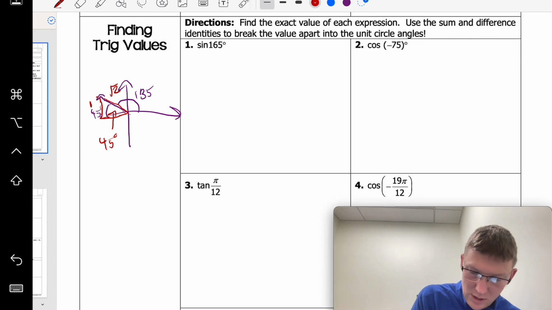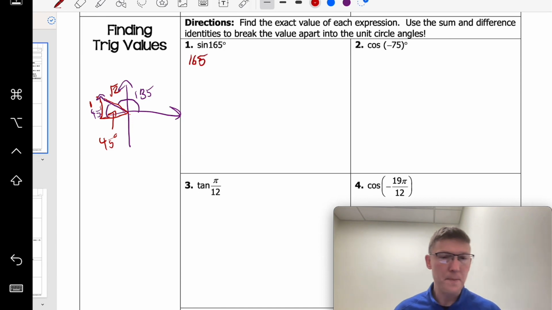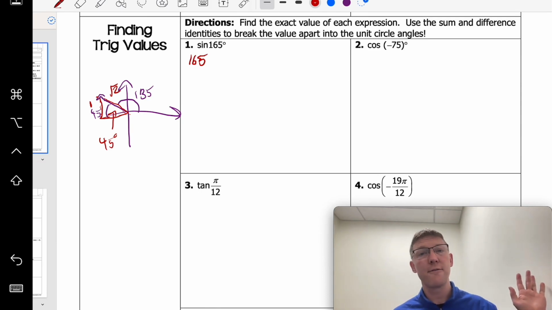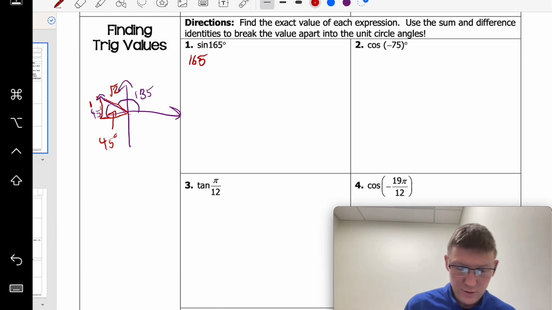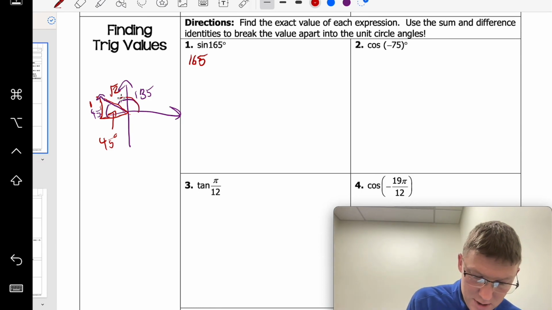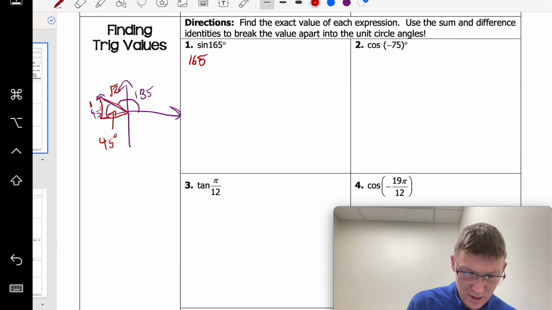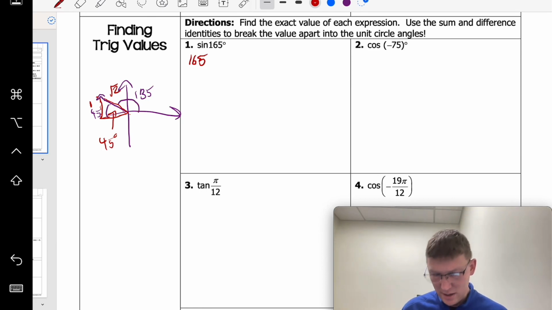So let's look at 165. So number one, if I'm thinking about my 30, 60, 90 triangle, none of those have a 5 in them. So I know for a fact that 45 degrees is going to play into this somehow. I kind of already talked about this 135, so I'm going to start with that.